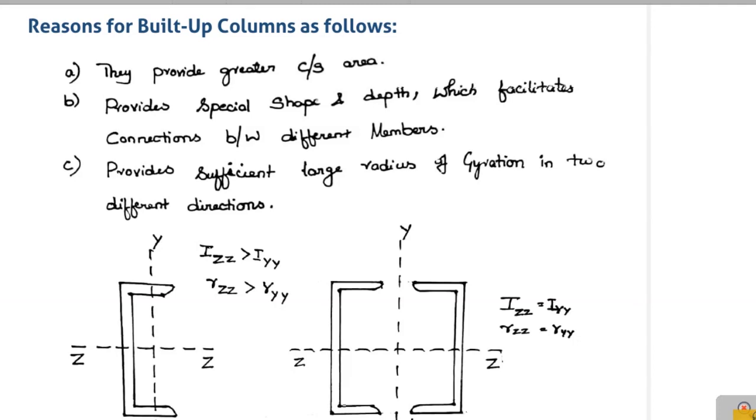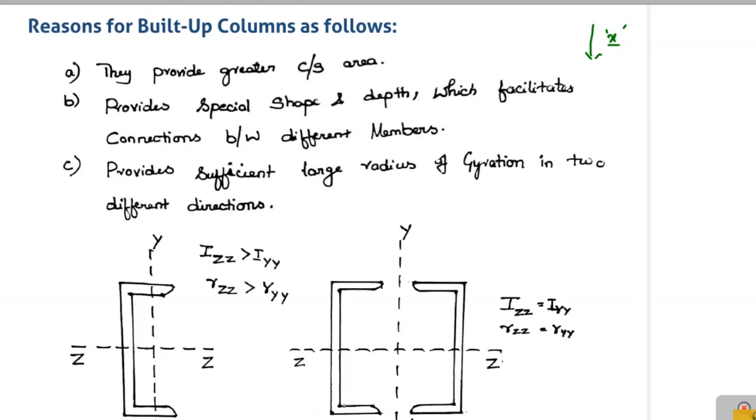If you want a column to take some amount of load x, and if the load x is very high, you have to go for a very large cross-sectional area. Rolled sections may not be available in the market for you. So in that case, since you want a higher cross-sectional area, you have to go for two individual cross sections coming together and forming a built-up section.